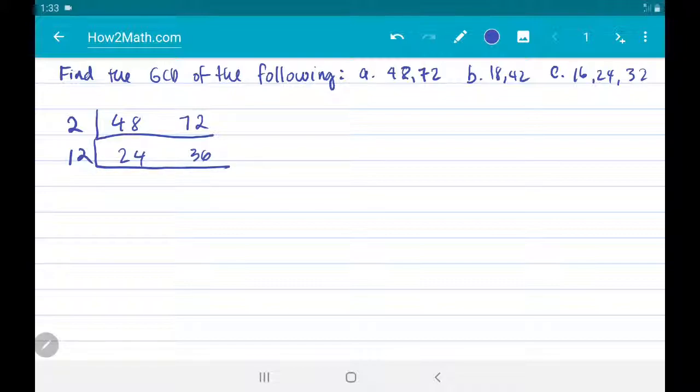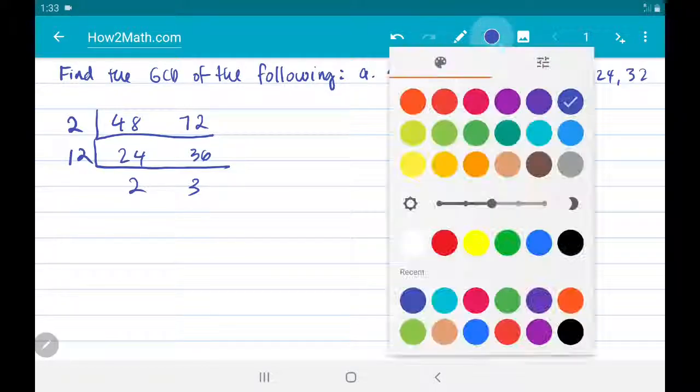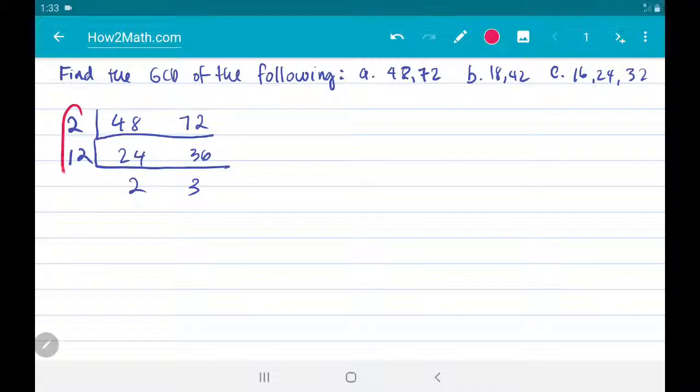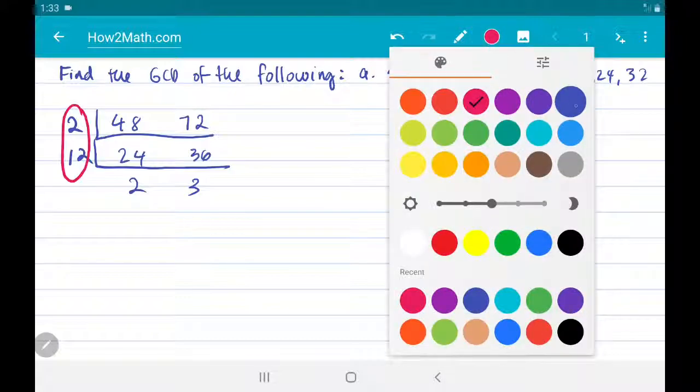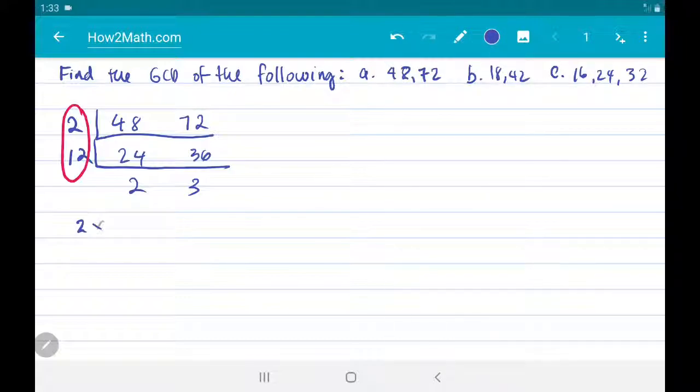So 24 divided by 12 is 2. 36 divided by 12 is 3. So there's no more common divisor. So meaning the GCD of 48 and 72 is 2 times 12, which is equal to 24.